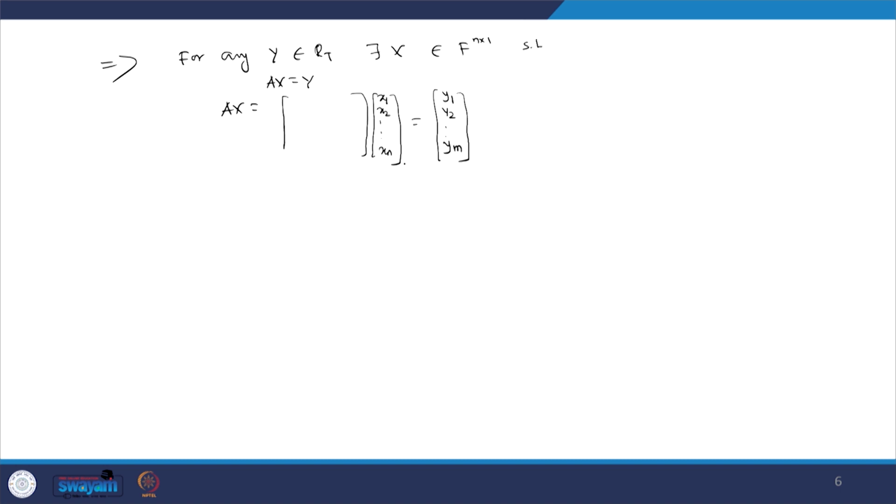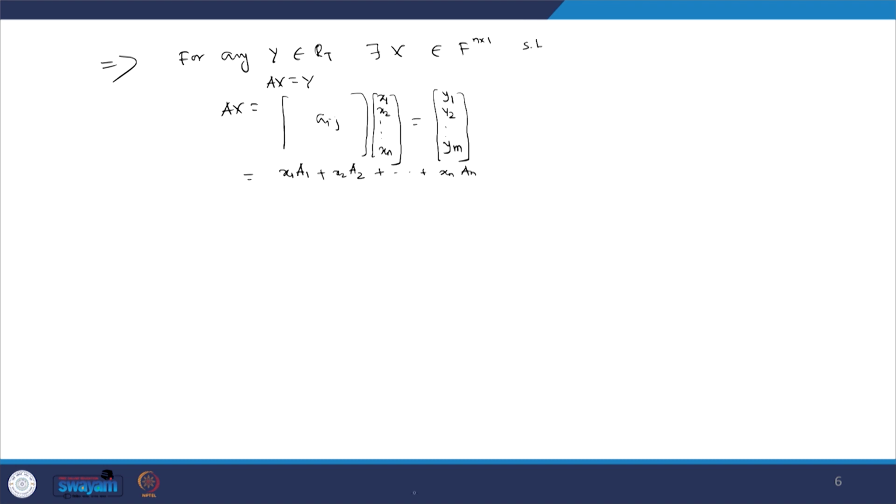So, this will be x1 into the first column A1 plus x2 into the second column A2 plus xn into the nth column of the matrix A, please. Here A is m cross n.